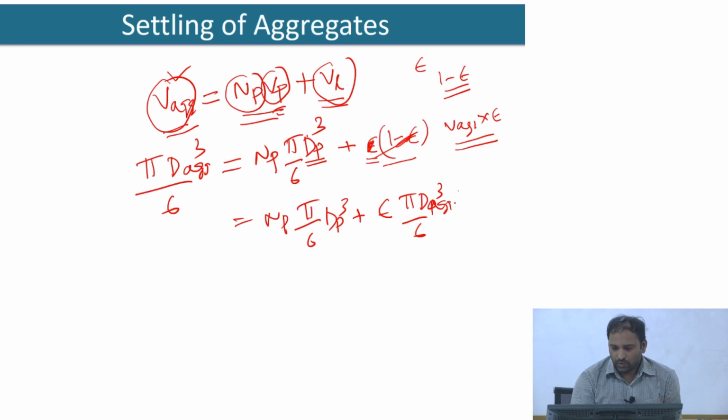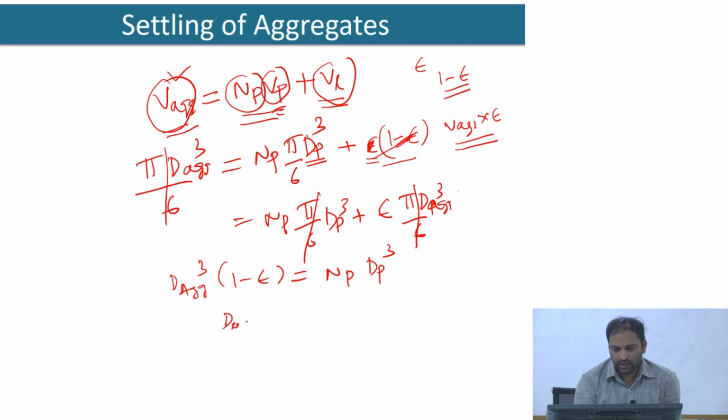So, therefore, your pi by 6 gets cancelled everywhere. I could write this as d aggregate to the power 3 into 1 minus epsilon is going to be Np into dp cubed. Therefore, d aggregate is equal to Np by 1 minus epsilon to the power of 1/3 into dp.